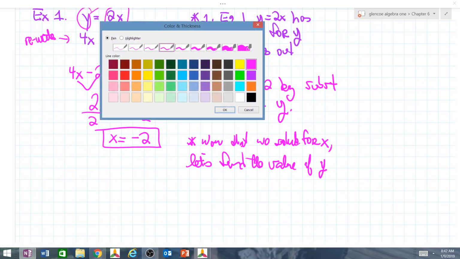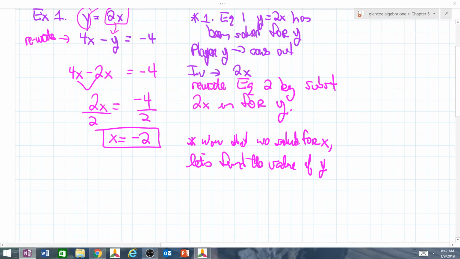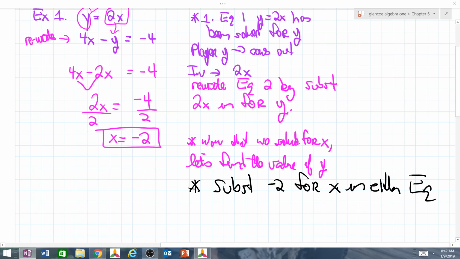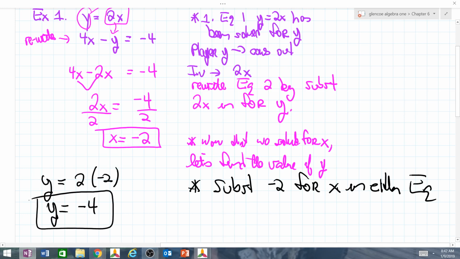Substitute negative 2 for x in either equation. I'm going to pick the top. y equals 2 times negative 2, or y equals negative 4. Is everyone with me?